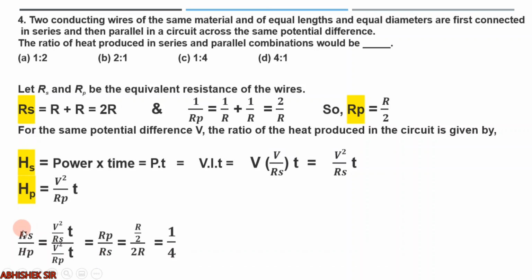So ultimately, the heat produced ratio is the ratio of the resistance. So Rp is R by 2, Rs is 2R, R again cancelled. In the numerator we have 1, in the denominator 2 twos are 4. So option C is correct.